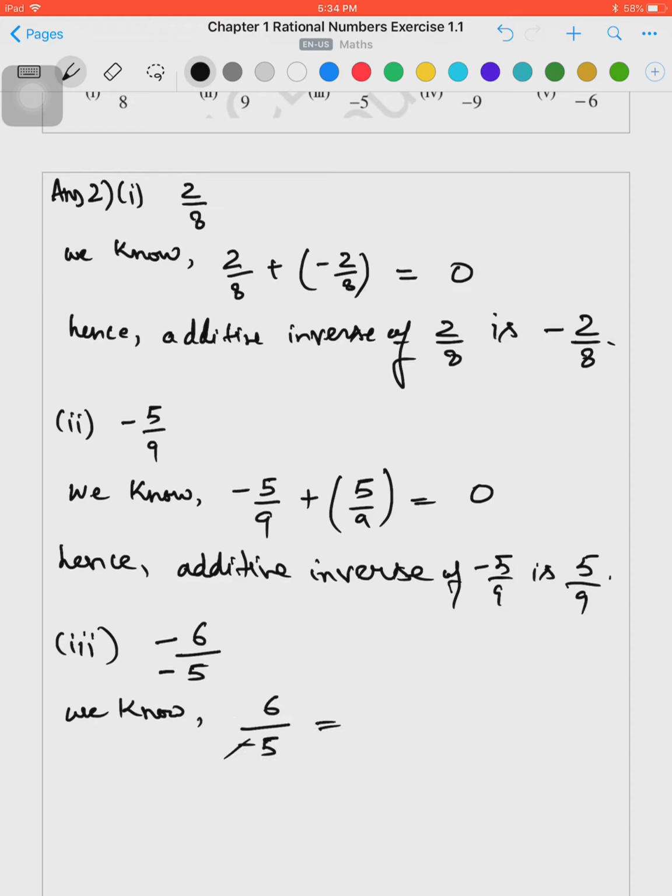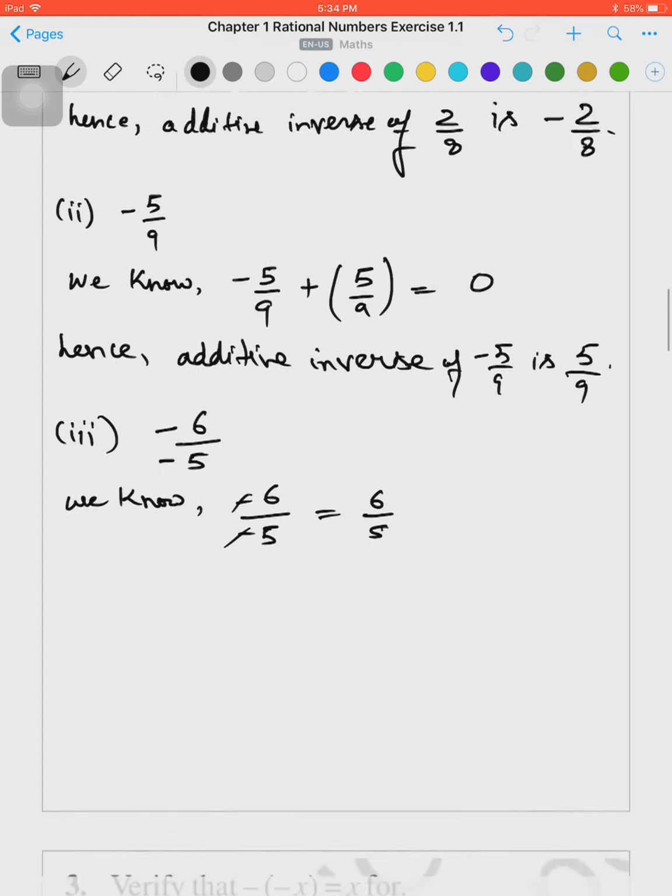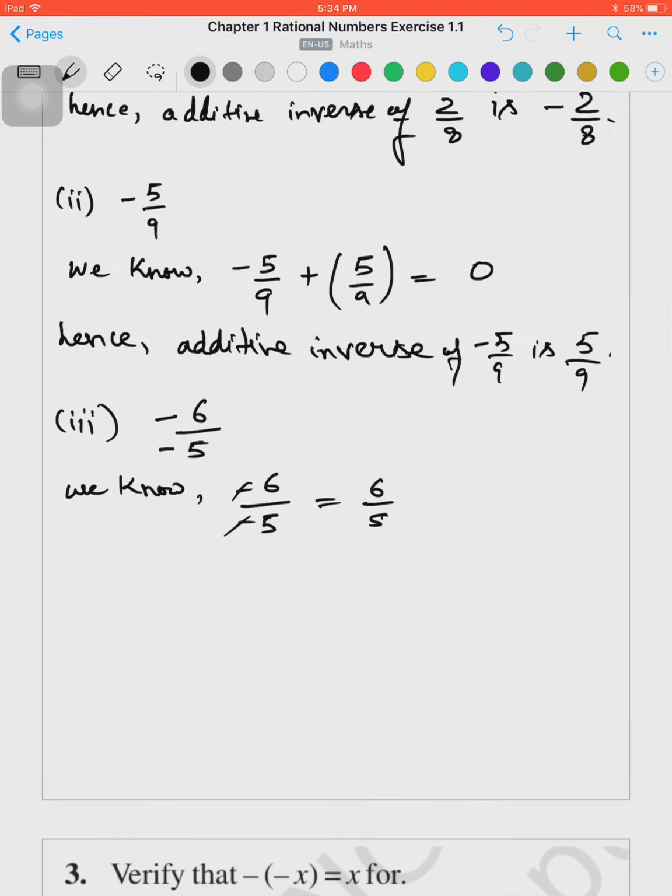These two minuses will cancel out, so what remains is 6 by 5. Now what should be added to 6 by 5 so that there will be 0? The answer is the negative of this number, that is minus 6 by 5.